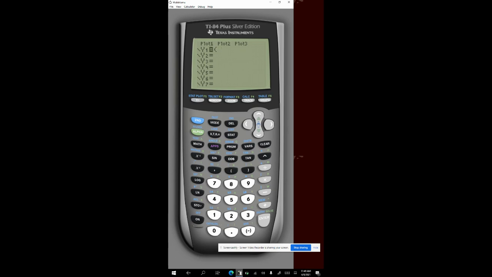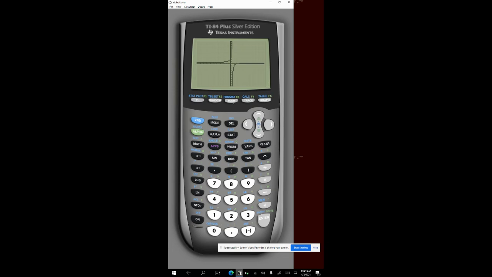So my numerator was 2x minus 4, and my denominator was 4x minus 2. If I go zoom 6, it looks like that.